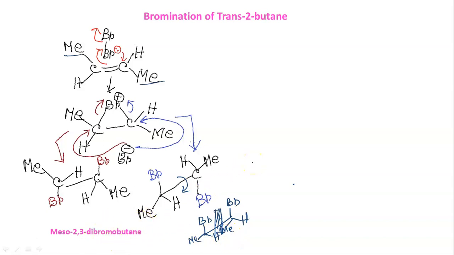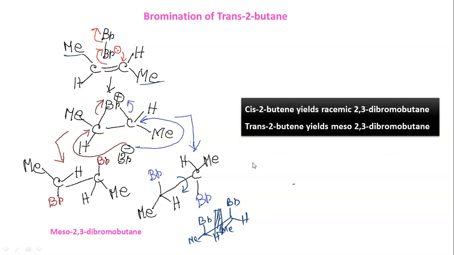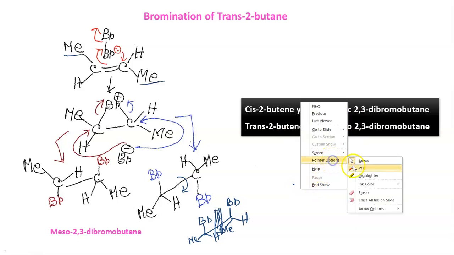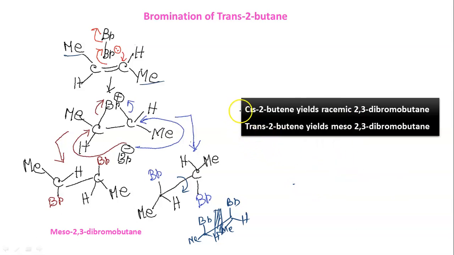So ultimately what conclusion are we reaching? Cis-2-butene, if it is your starting material, you will get racemic 2,3-dibromobutane. But if trans-2-butene is the starting material, then we will get meso. Okay. So here, how to keep it in mind very easily?